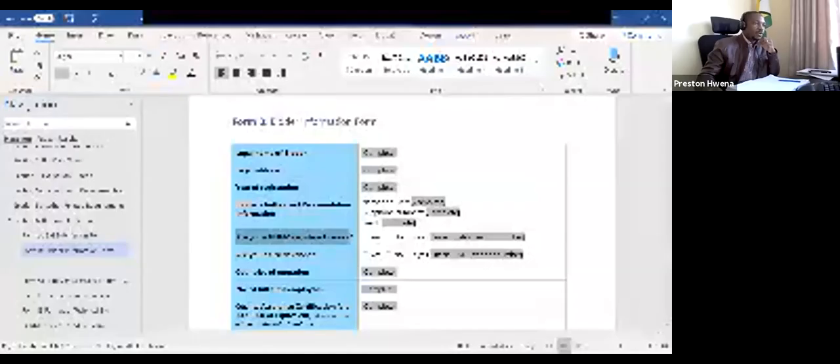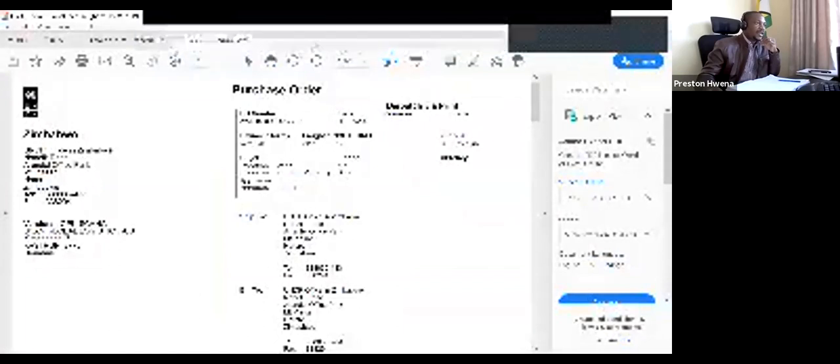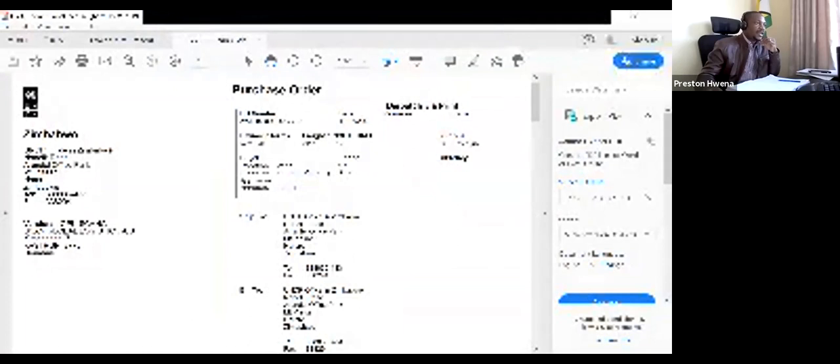If I open any purchase order here, you see this is a vendor. Wherever we have a vendor, there will be a number. Normally for this one, it's just GPU scan global.